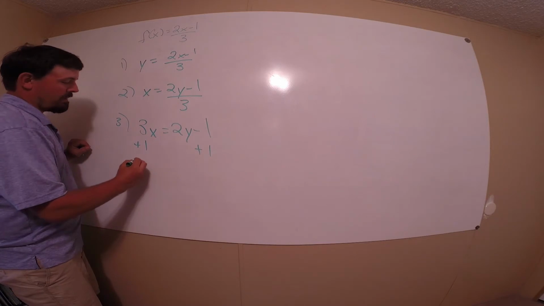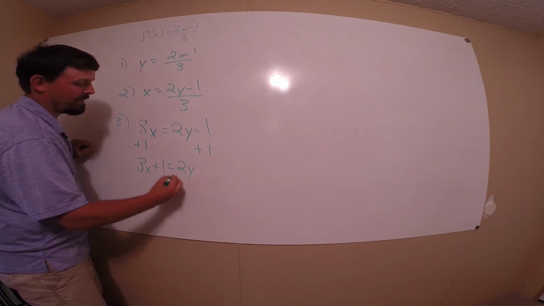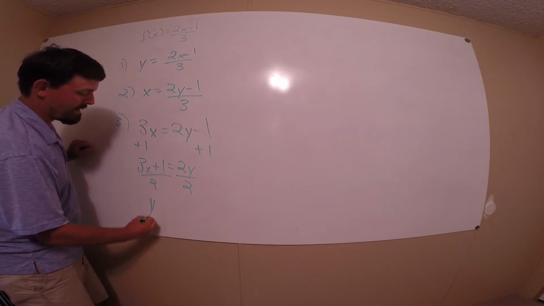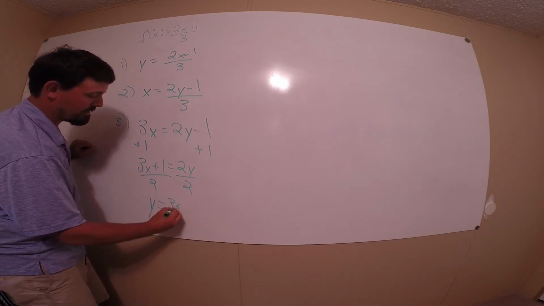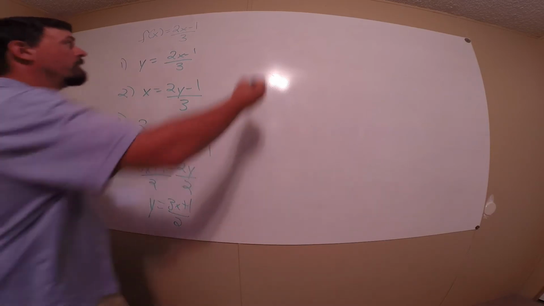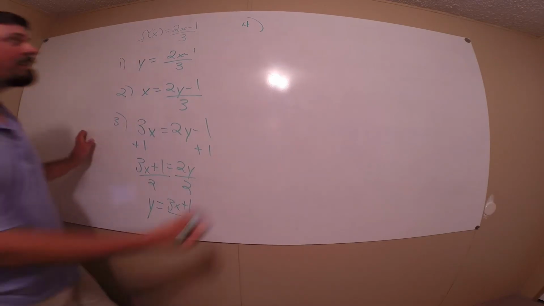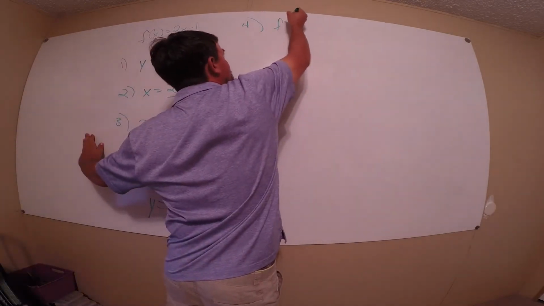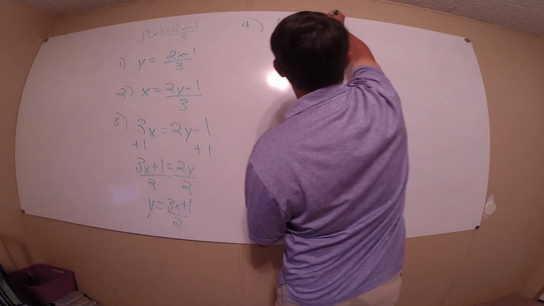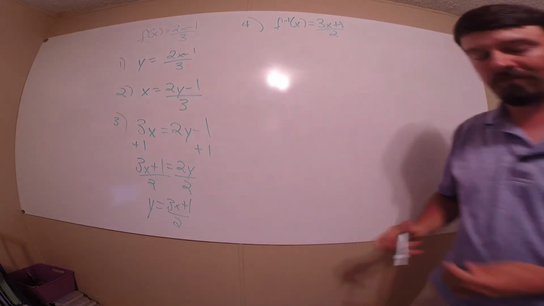So I get 3x plus 1 equals 2y. I need to divide by 2 to get y by itself. So I get y equals 3x plus 1 over 2. Step 4, remember, step 4 says that we need to replace y with f inverse of x. So we get f inverse equals 3x plus 1 over 2.